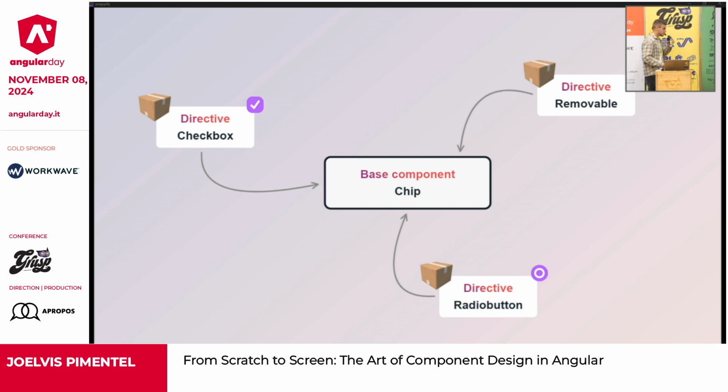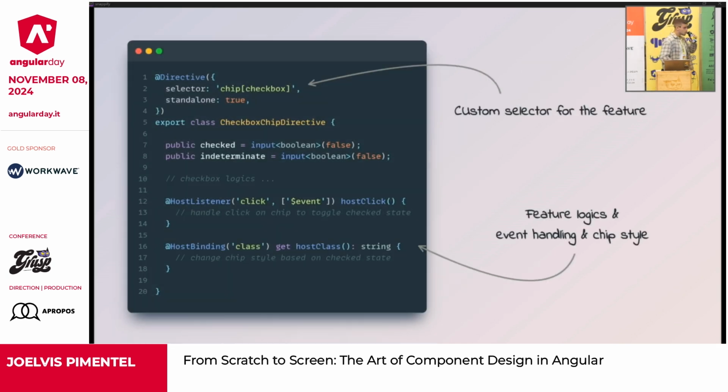How? Let's see this in action. So, of course, we could create a new directive whose only responsibility is handling the checkbox feature, setting custom classes and managing events, all the things that we need.